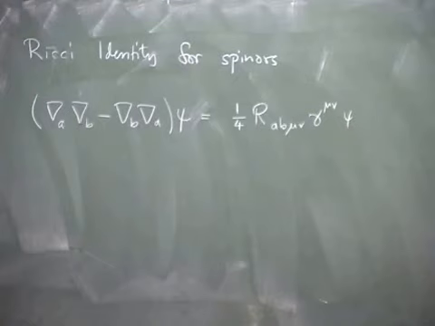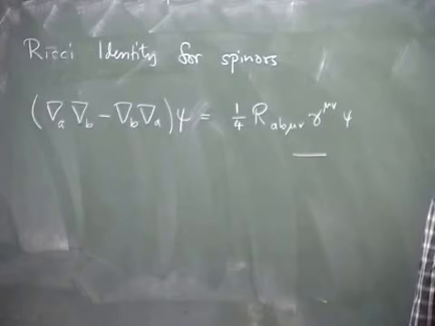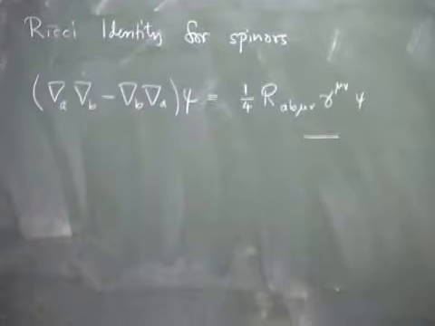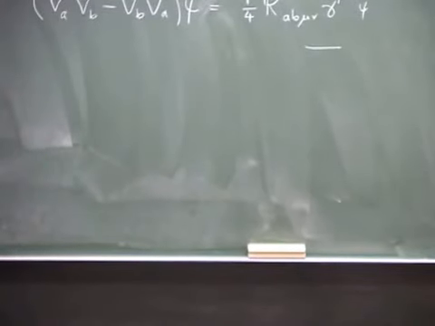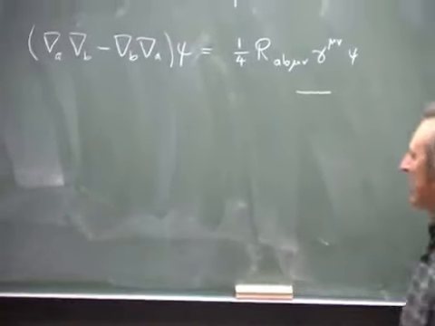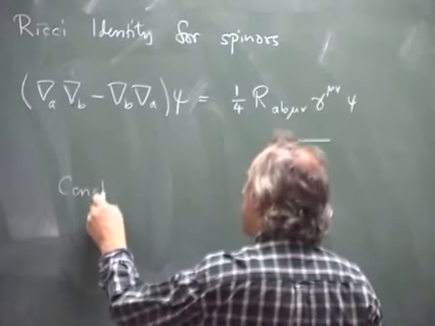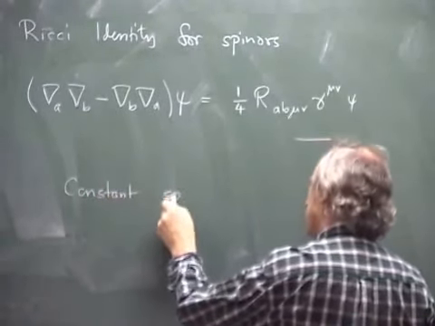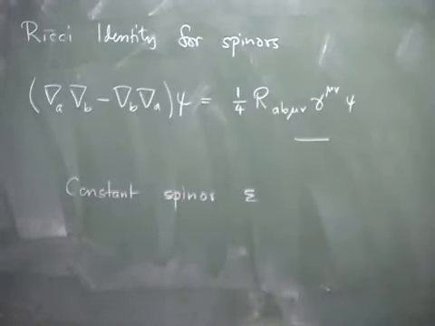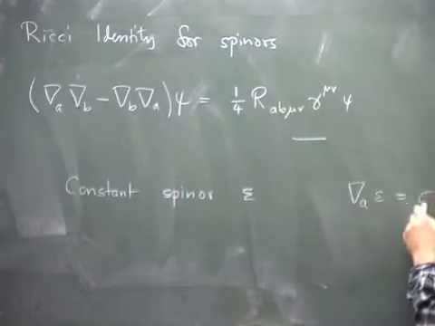That brings us to an interesting point concerning supersymmetry. How many people are going to the supersymmetry course? Right, lots. Good. You will not like this. Let's contemplate what happens if you want a constant spinor. A constant spinor of the type that is associated with global supersymmetry must obey ∇_A ε equals 0.